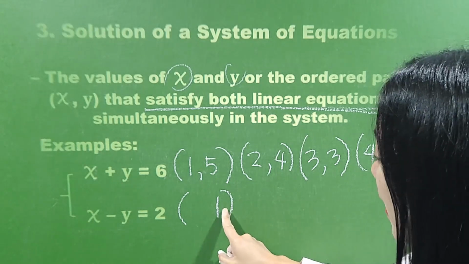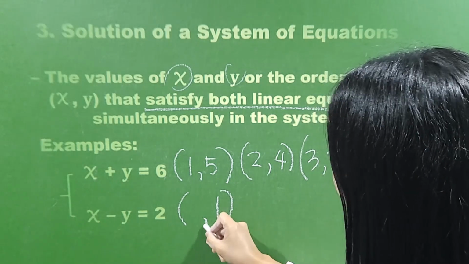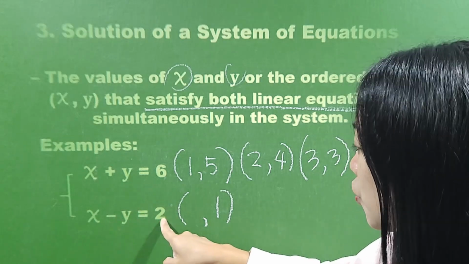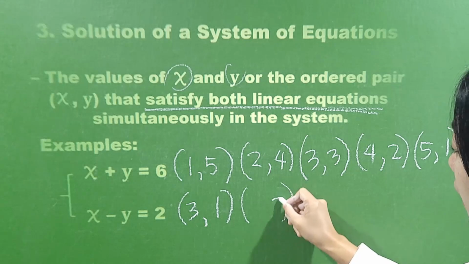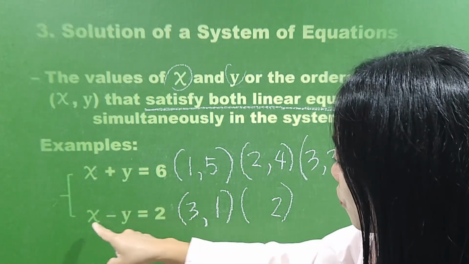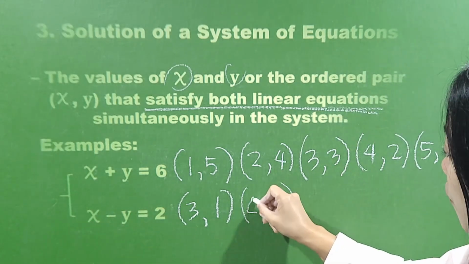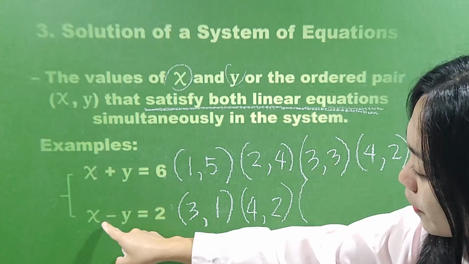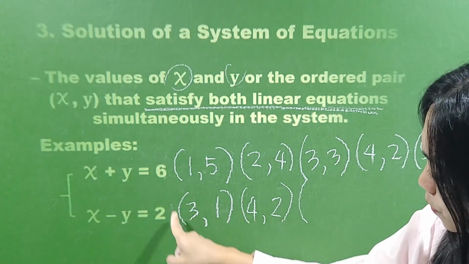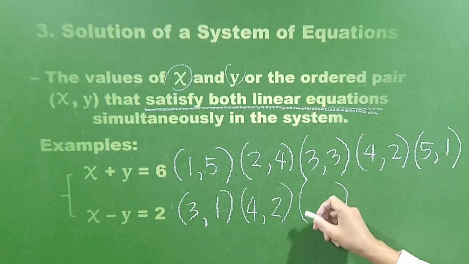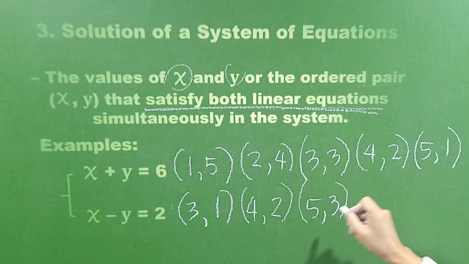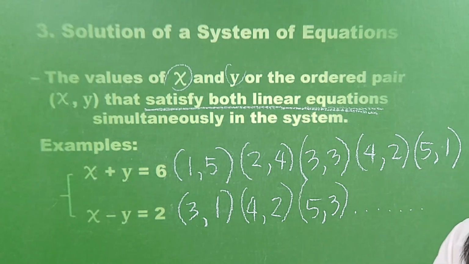So if y is 1, then x would be 2 plus 1, so this is 3. What about if y is 2? 2 plus 2, then x is 4. If y is 3, 2 plus 3, then x is 5, and so on and so forth.